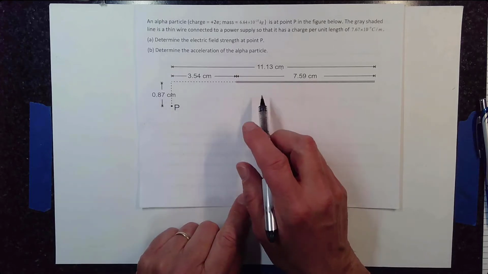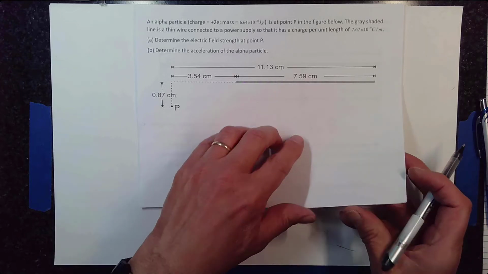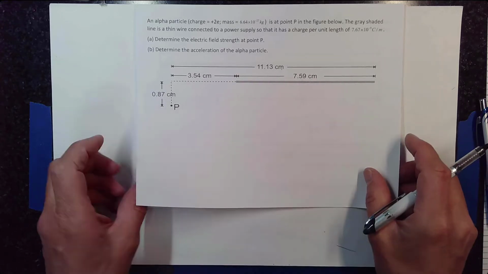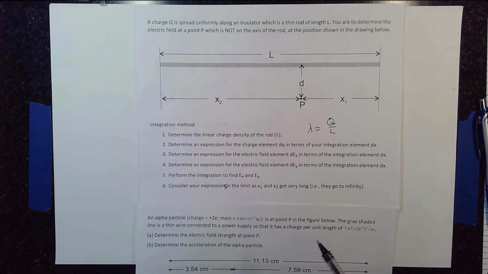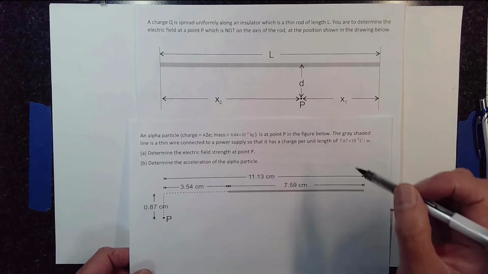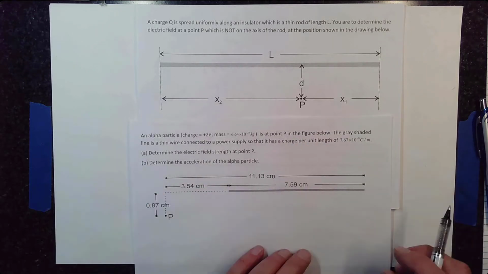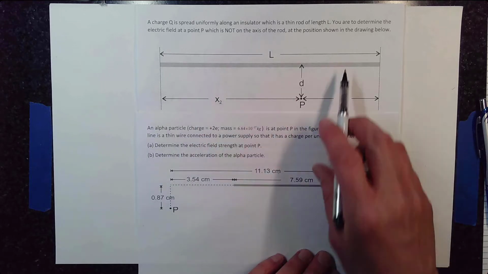All right, well, we've done an example where we determined the electric field of a line of charge before when we were a distance off the axis. This was the situation that we dealt with before. This time we've got something a little bit different, but it's still a line of charge.